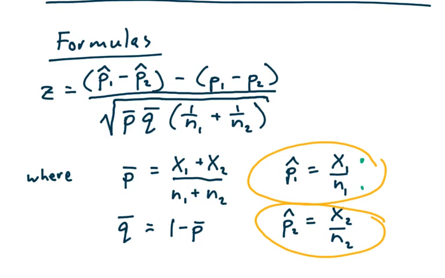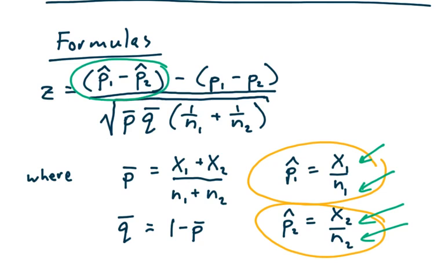That would be the number of successes in our sample from sample 1 divided by the total number in the sample from sample 1. And same thing here, we compute the sample proportion for the second sample, for the second population. And then we don't use either of those except in this part of computing the statistic.